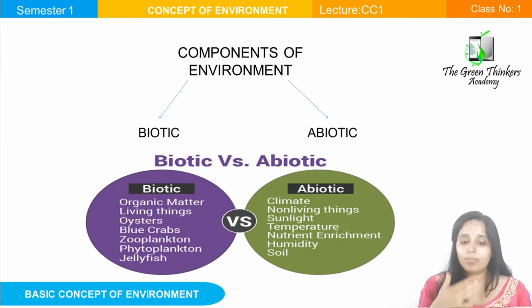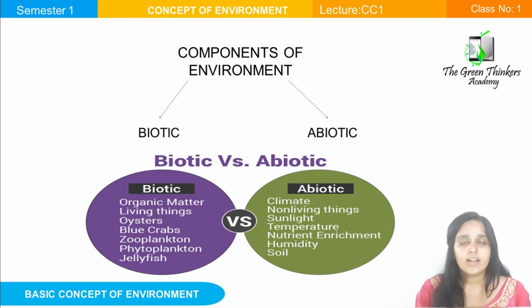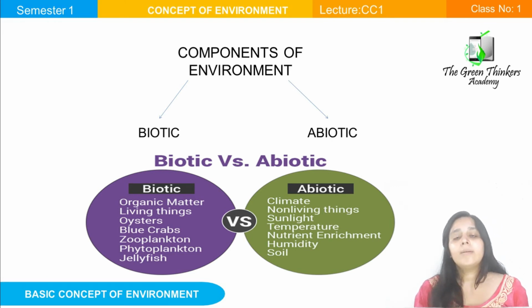Then we have the components of the environment. As I have mentioned earlier about the biotic and abiotic components, here I have shown the same. Okay. So the components of environment are the biotic and abiotic. Now biotic components are the living components like we, the human beings, the animals, the plants, microorganisms.